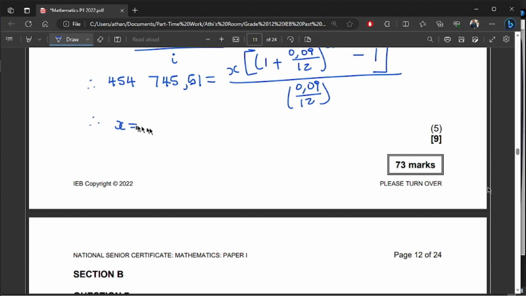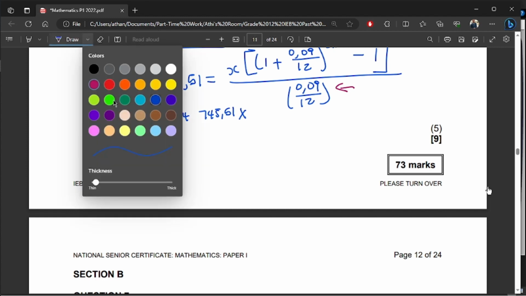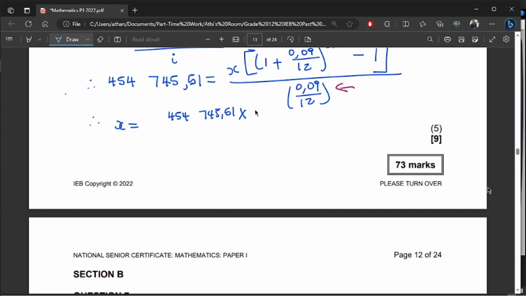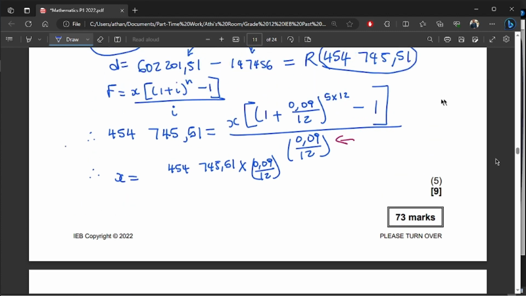So I will say, therefore, x is equal to 454 745,51 multiplied by the denominator right here. So we multiply that by the denominator, doing cross multiplication now. Okay, so we're gonna say multiplied by 0,09 over 12, and then if you look closely, this is gonna be the coefficient of x.